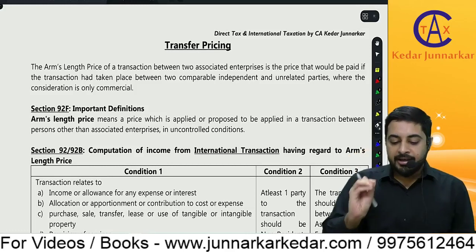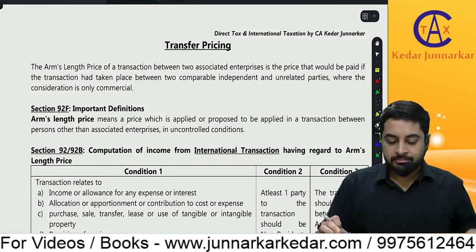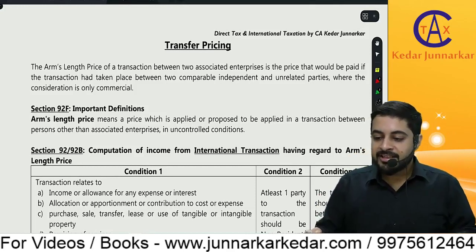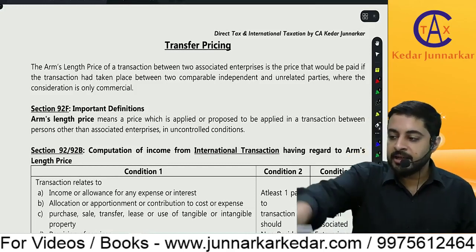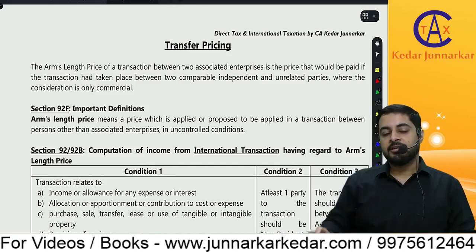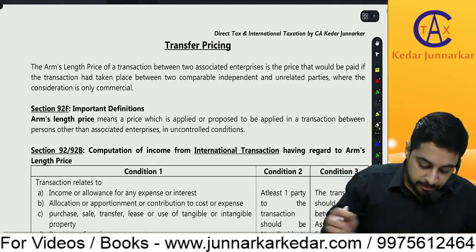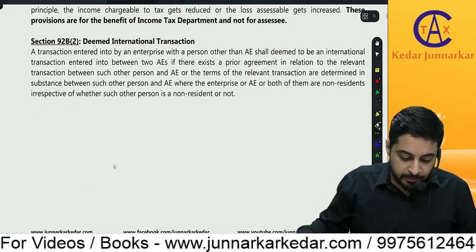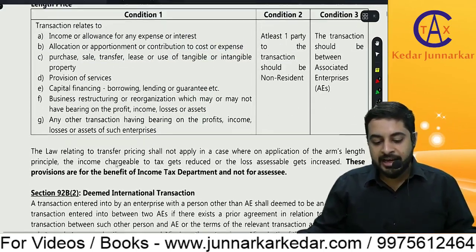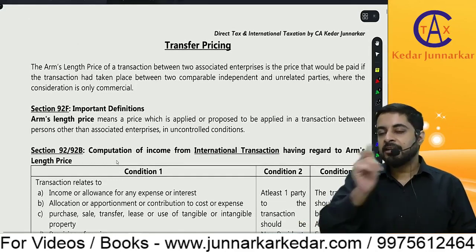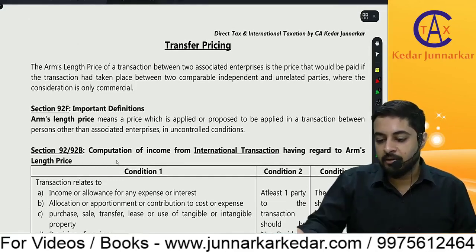Let's see. For any chapter or any topic or any subject, if you understand the logic behind it, then it becomes easier for you to understand the chapter. If you just say, okay, transfer pricing 92F, 92, 92B, then 92B2, and directly start with that, it will be very problematic. Like in the earlier chapter, we did double taxation avoidance.